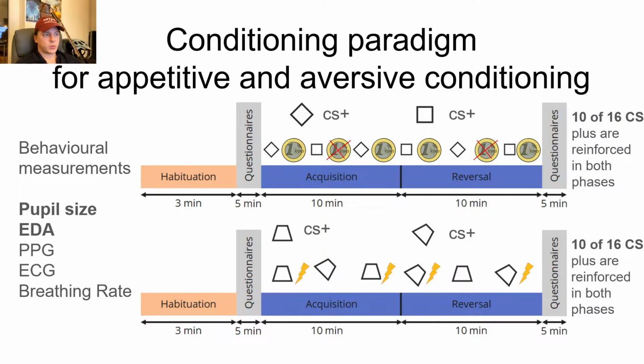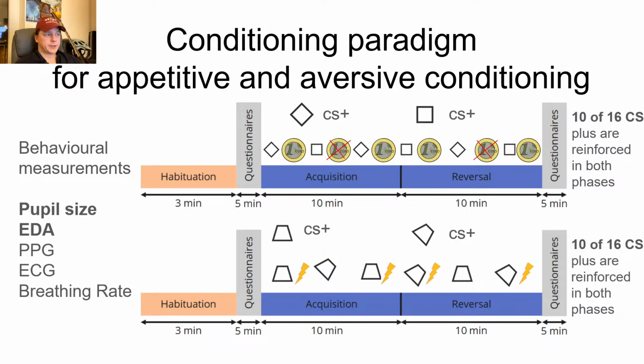All those symbols were randomized and counterbalanced between participants and phases. So if the participant has some symbols as CS plus, like the diamond and the square, then for the CS minus, on the next day, the participant had the rhomboid and trapeze, and vice versa.